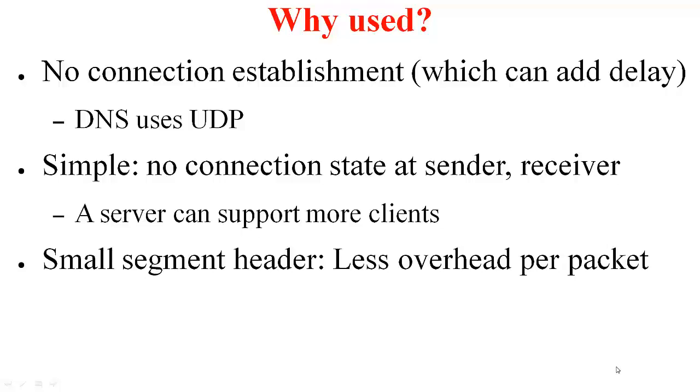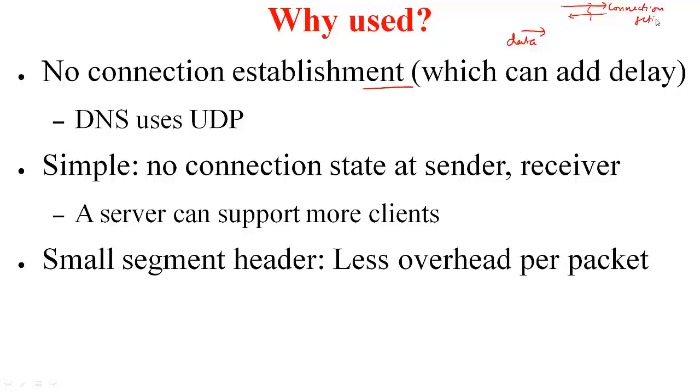First, there is no connection establishment, which can lead to delay. Before you start sending data at the transport layer, both the sender and the receiver exchange some information to establish the connection, a little bit like what we saw in the virtual circuit networks. This connection establishment can take up some time.